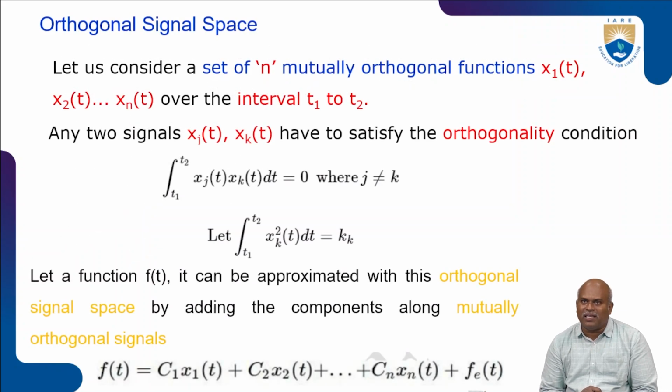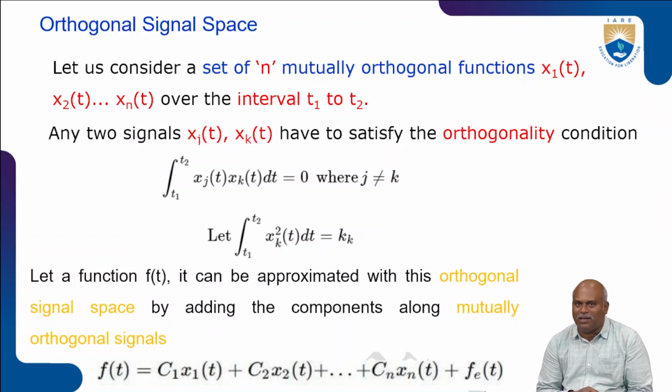Next, orthogonal signal space. In this orthogonal signal space, we consider n number of mutually orthogonal functions. So within the x direction alone, we are going to have n number of orthogonal conditions. The x consists of x1 to xn, or y consists of y1 to yn, or z direction consists of z1 to zn. In this case we take only one signal, represented as the x signal, in which we have x1, x2, x3 up to xn.